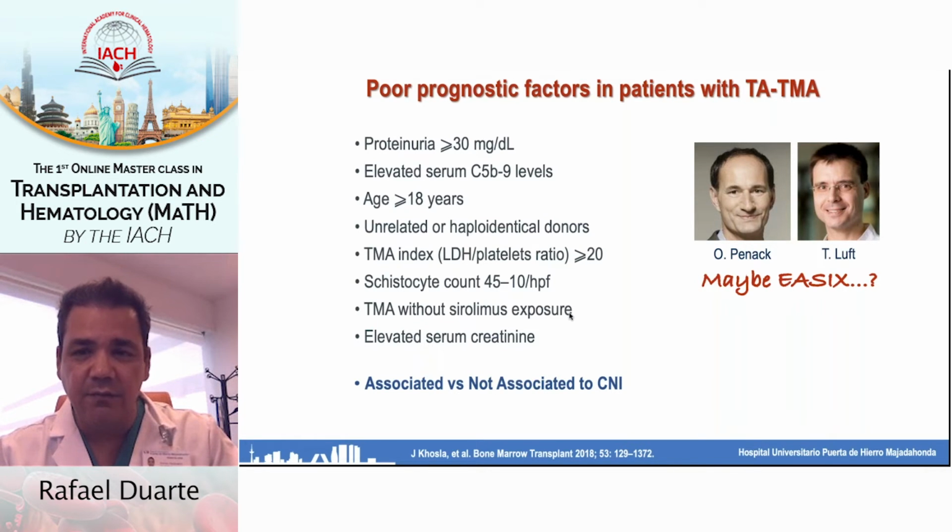Olaf Penack from Berlin and Thomas Luft from Heidelberg have been generating exciting information with EASIX, the endothelial damage and stress index score that comes with very simple parameters. You just need to have your LDH and your creatinine.